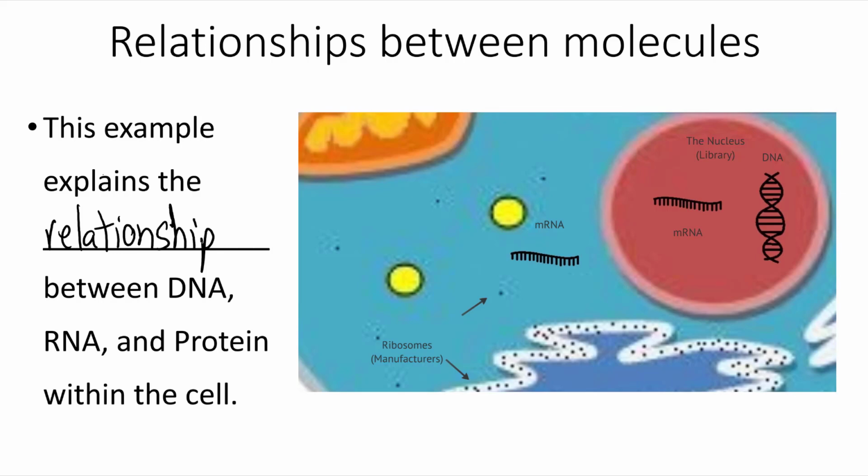The DNA is in the nucleus, it's in the library, and it can't leave. mRNA can be synthesized or made in the nucleus, but then it can leave the nucleus to go to the ribosomes, where a process called translation occurs, where the information in the nucleic acid language of the DNA and the RNA is translated into a protein product, a product in a new chemical language.